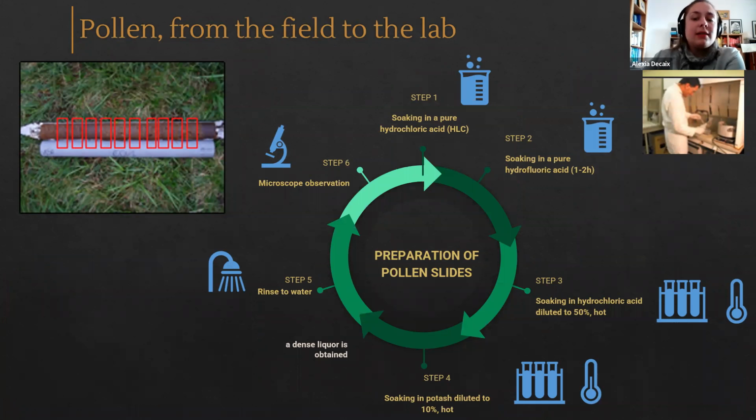As we said, the first method of extraction was developed in the second half of the 19th century and improved since then. In order to be analyzed, the sediment samples collected for pollen require some pre-treatments in the lab involving different chemical products.